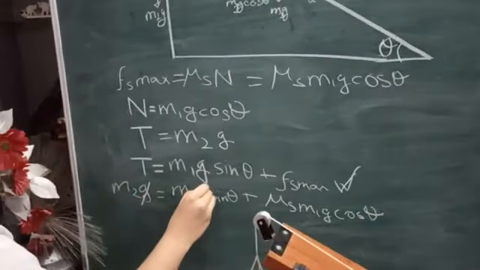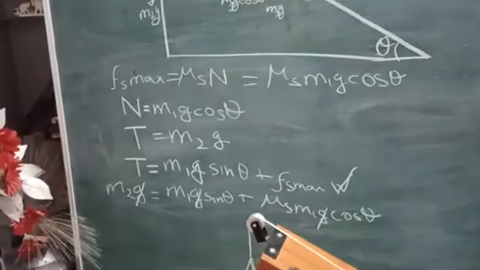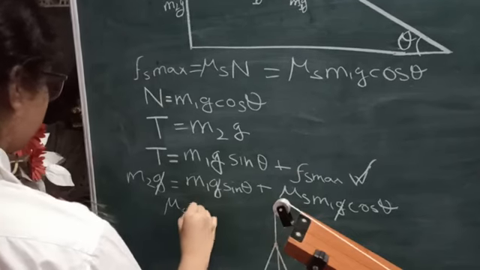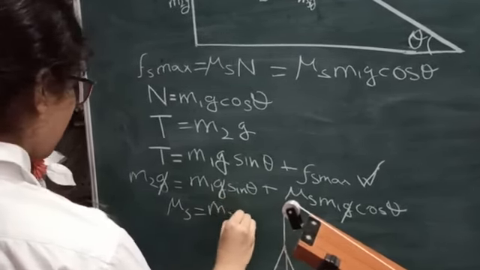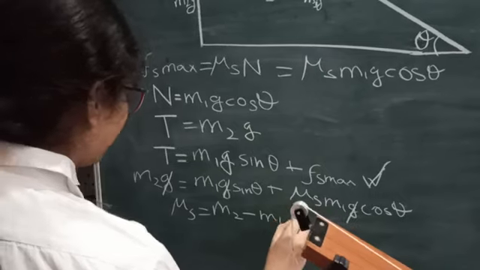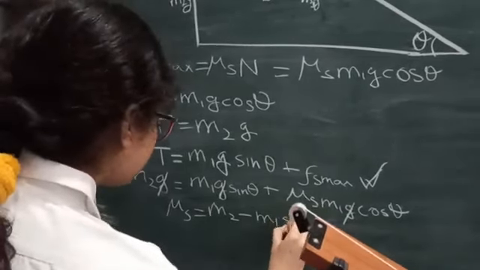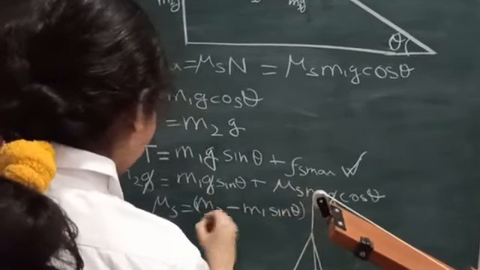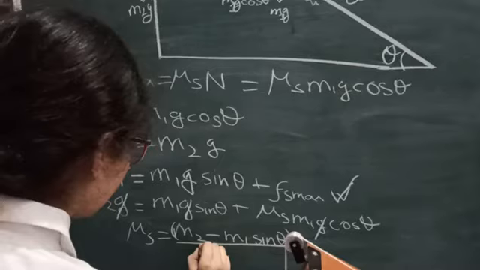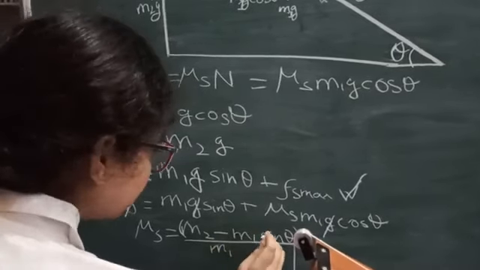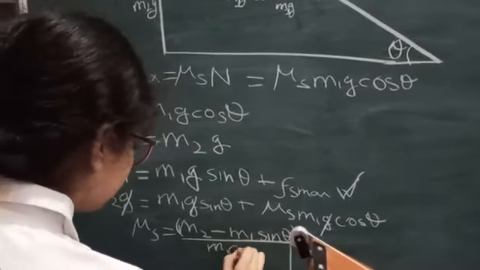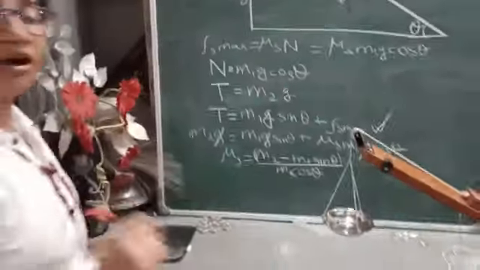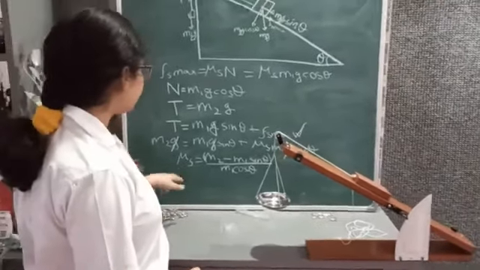All the g will get struck off, and in the end we get that the value of mu s is (m2 minus m1 sin theta), and the whole is divided by m1 cos theta, as you can see over here. So we have found the equation for the value of mu s.